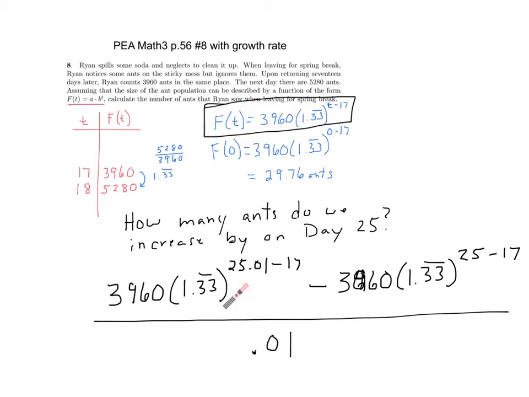I get that from subtracting 25.01 minus 25. If you do that, you're basically getting the slope of your line. If my graph looks something like this, and day 25 is over here, I'm finding the slope of my line at day 25. And that slope would be your increased number of ants on that day.